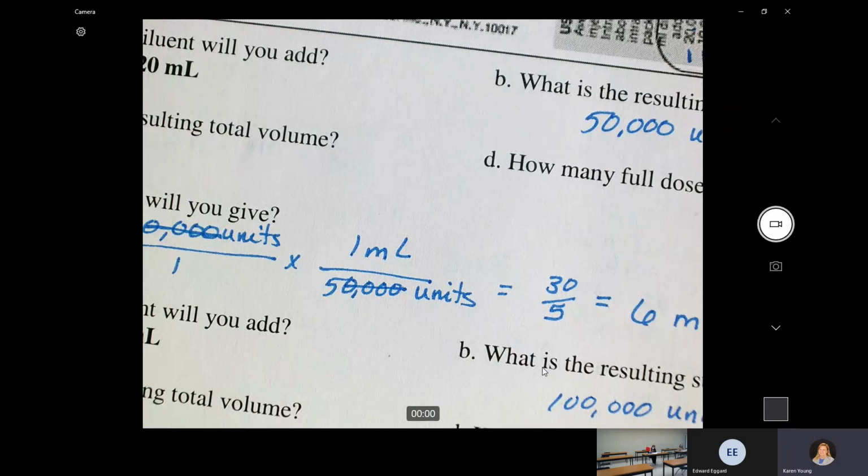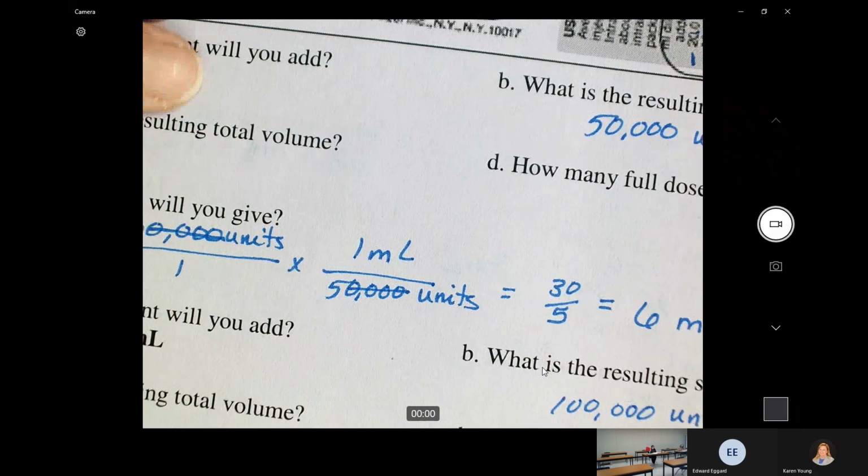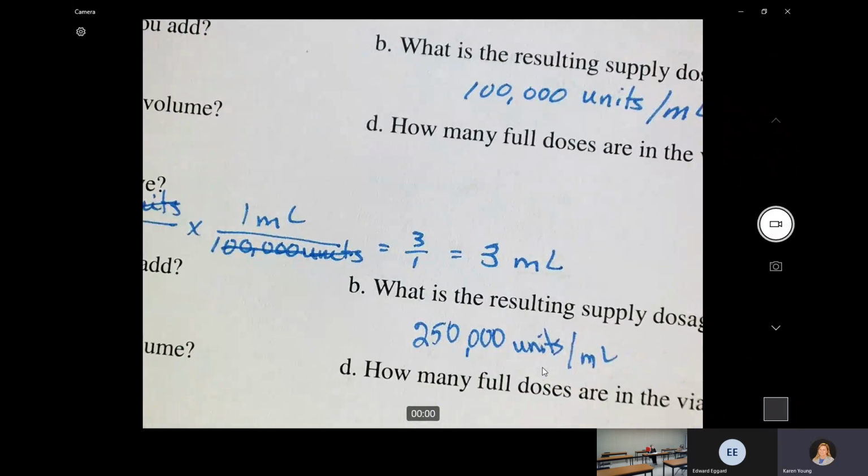How much diluent would be the best to use? The 4 or the 1.8? 1.8 would be a good one because you're only giving 0.6 milliliters. But if I add 10 milliliters of diluent, I'm giving a maximum of 3 milliliters, right?